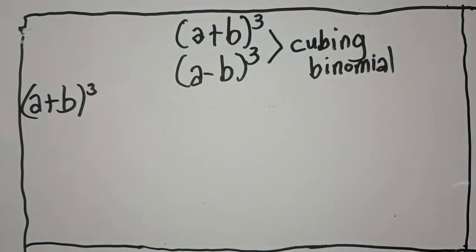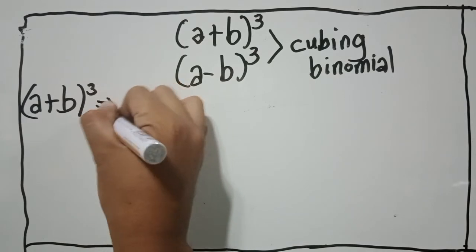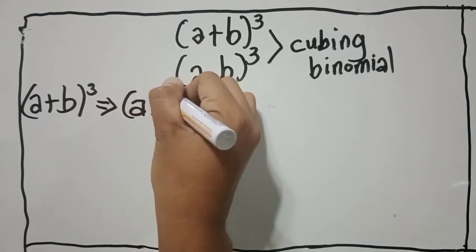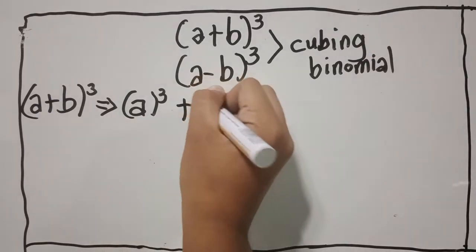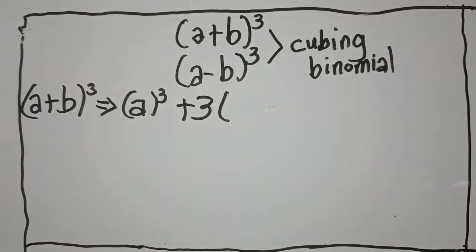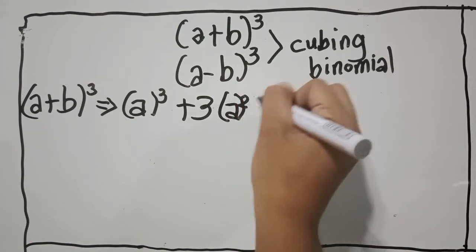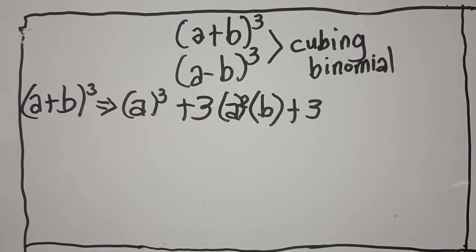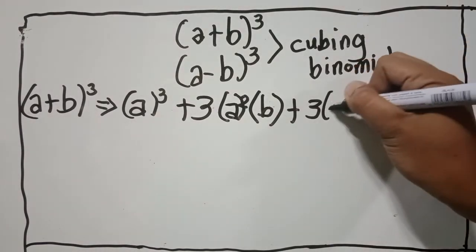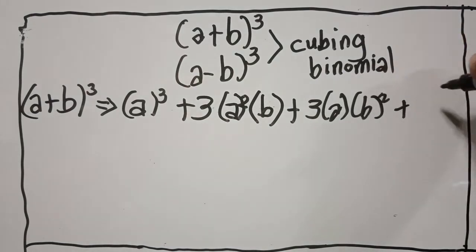The rule says that to cube a binomial, cube the first term. This is equivalent to the cube of the first term plus 3 times the product of the square of the first term and the second term, plus thrice the product of the first term and the square of the second term, plus the cube of the last term.